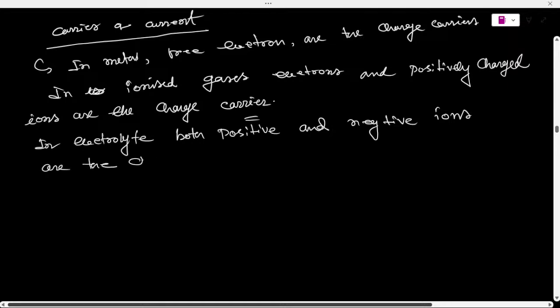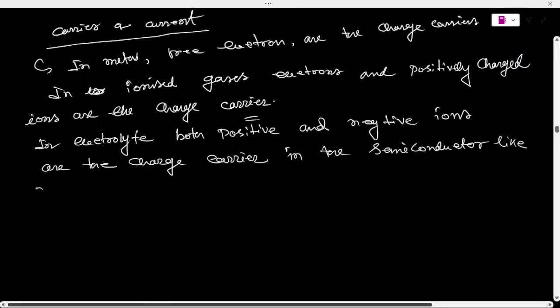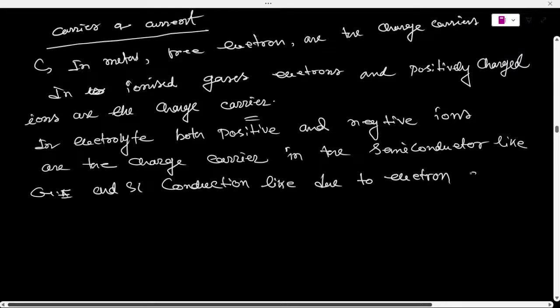In a semiconductor like germanium and silicon, conduction is due to electrons and holes.